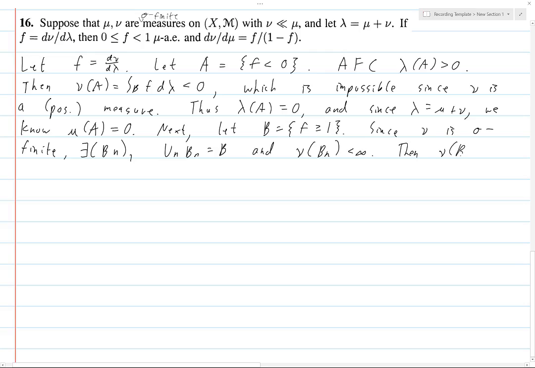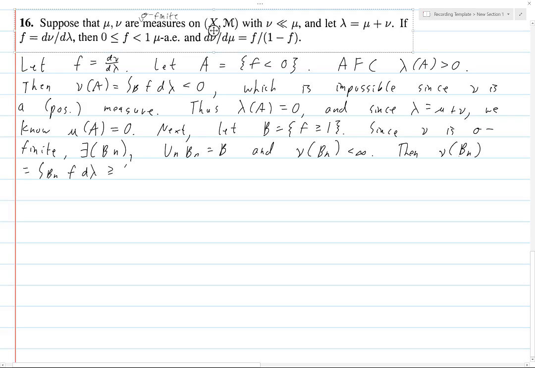Then for all n, nu of Bn is just by definition the integral over Bn of f d lambda.